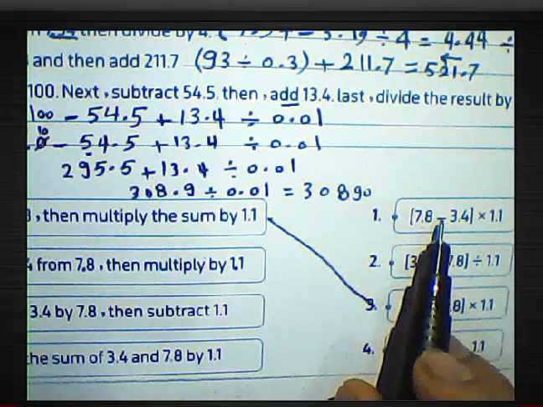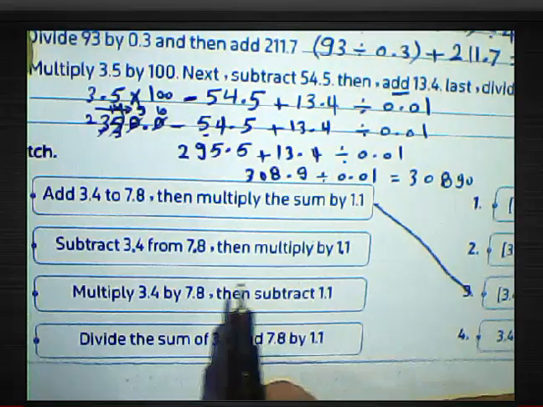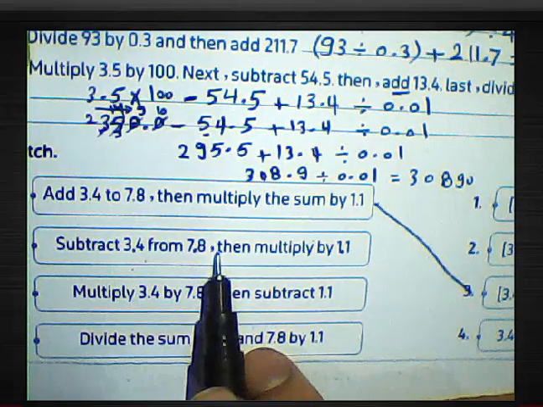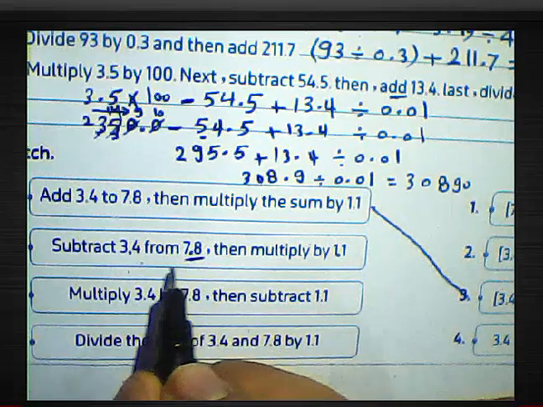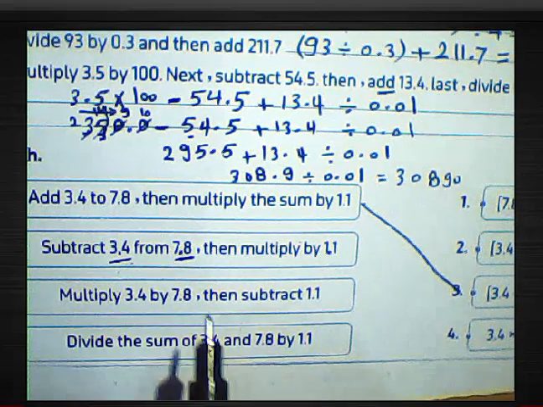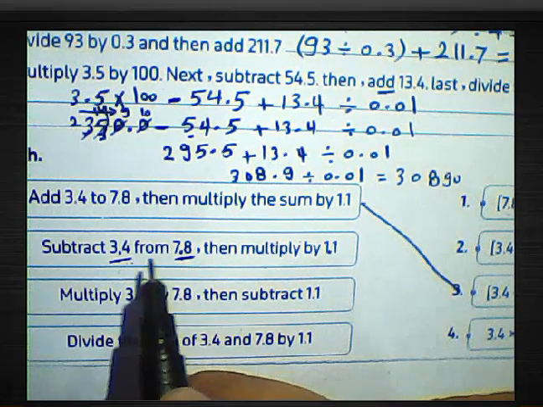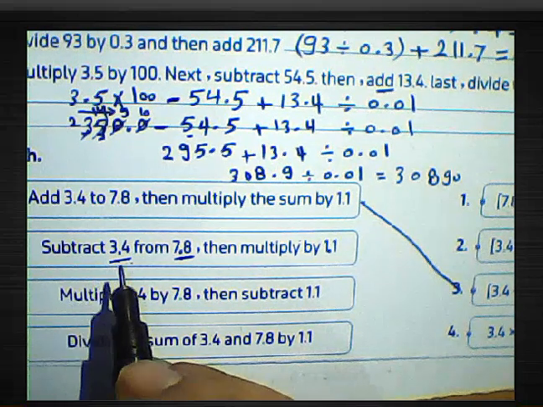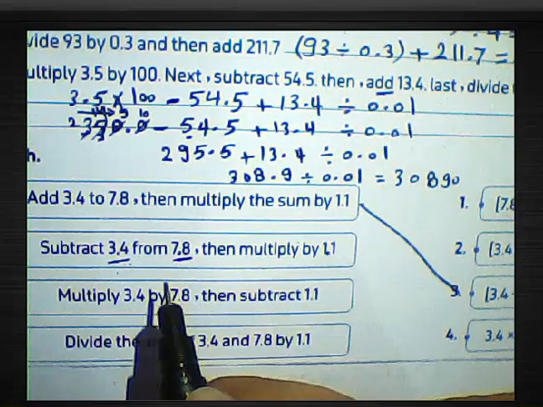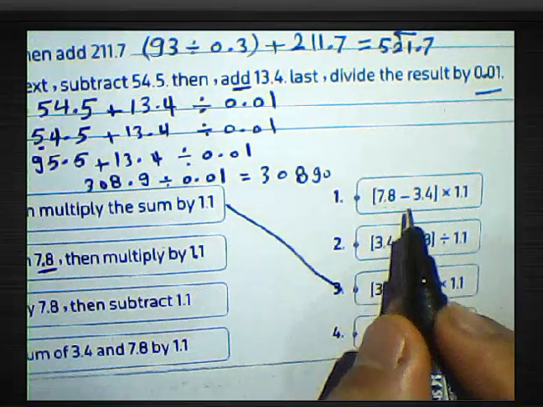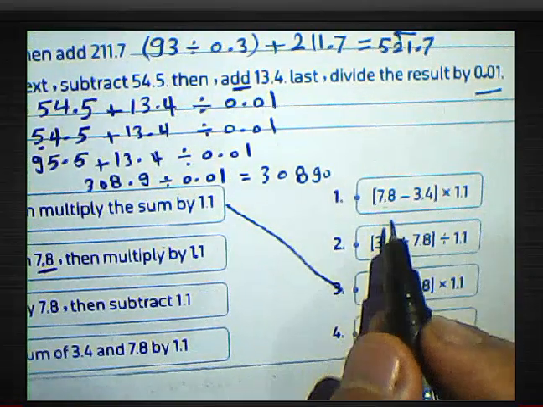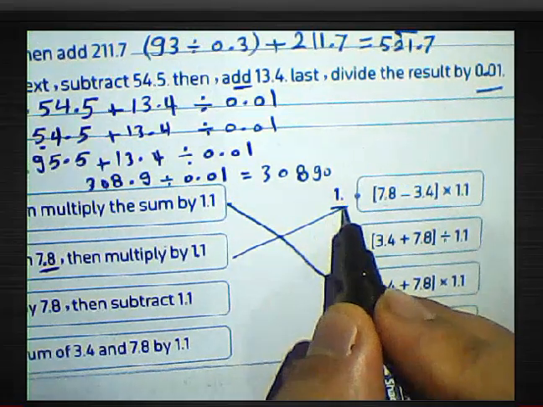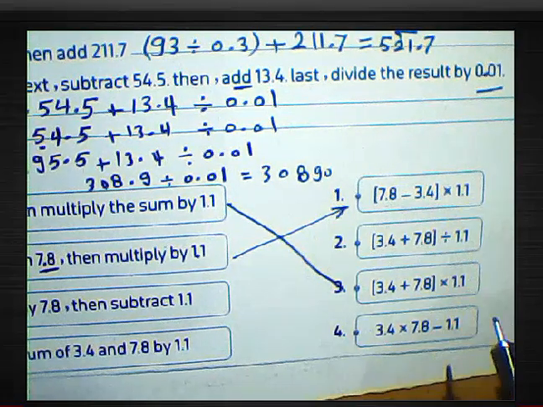Subtract 3.4 from 7.8, so we must write the minuend first and the subtrahend behind it. This is the minuend because 7.8 is more than 3.4, and it asks to subtract 3.4 from 7.8. So we must write this in the brackets, multiply by 1.1.